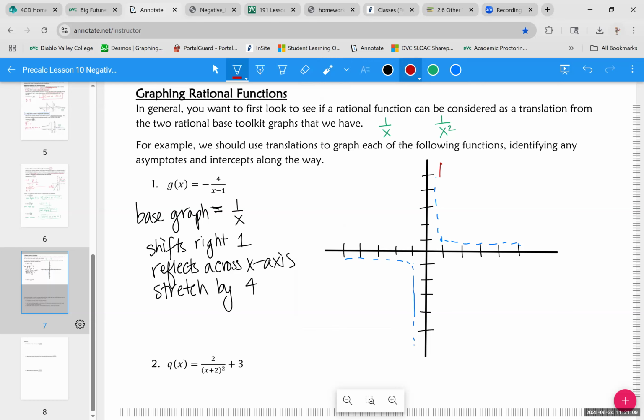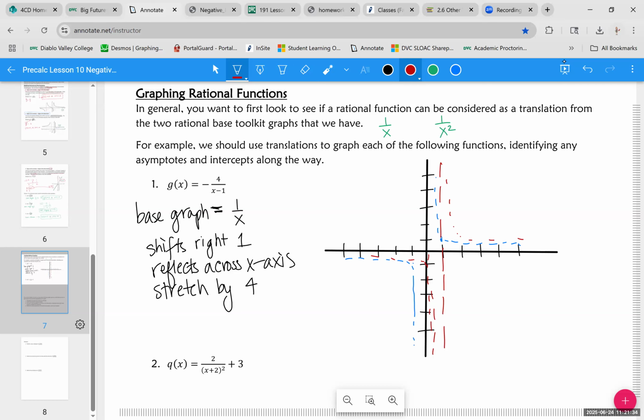I'm going to draw myself a dashed line to represent my new vertical asymptote. Then usually my new graph would look kind of like this. I'm just translating everything 1 to the right.